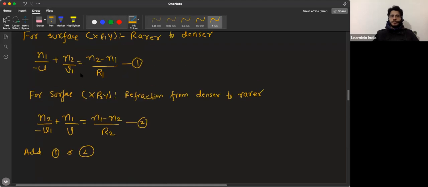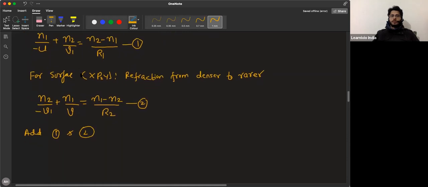When you add equation number 1 and equation number 2, what we get is N1 by minus U plus N2 by V1 is N2 minus N1 by R1.